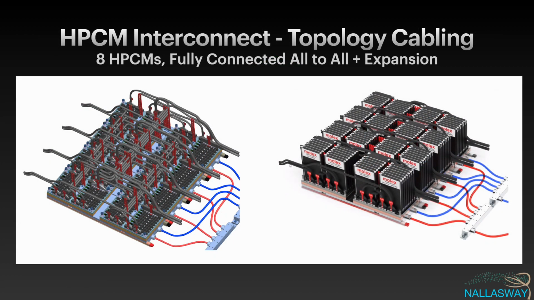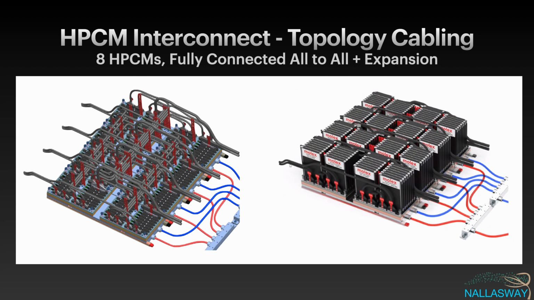Here's a diagram just to give you a feel. This is showing 8 modules, and it's giving you a feel for how the topology can be interconnected. The cabling you see on the left, this was an OAI chassis example, but it's showing an all-to-all fully connected interconnect between the 8 modules, as well as expansion beyond those modules.